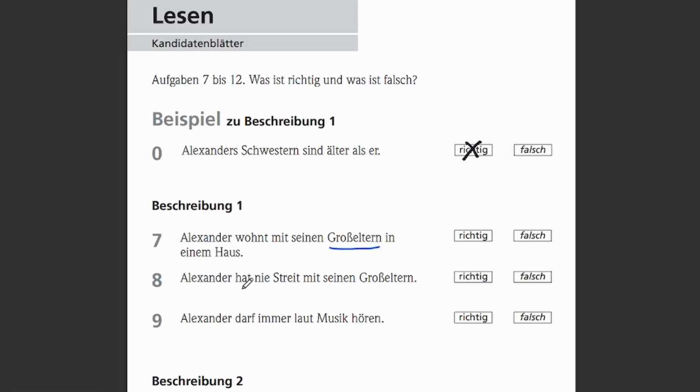And Alexander hat nie Streit mit seinen Großeltern. So we have to find out whether he has any problems or fights with his grandparents. Alexander darf immer laut Musik hören. We have to find out whether he is allowed to hear music very loudly.